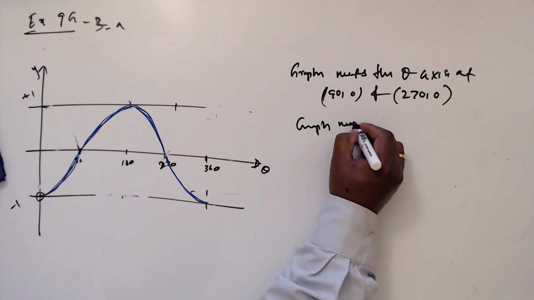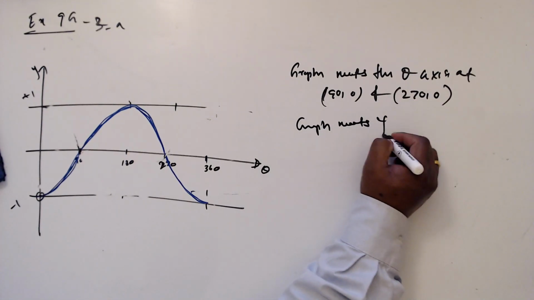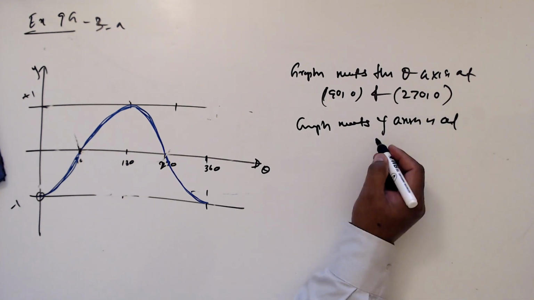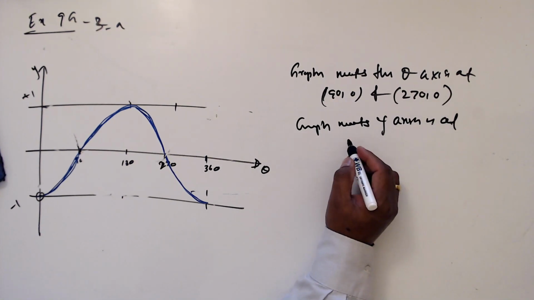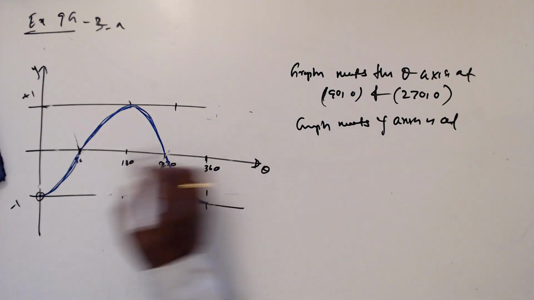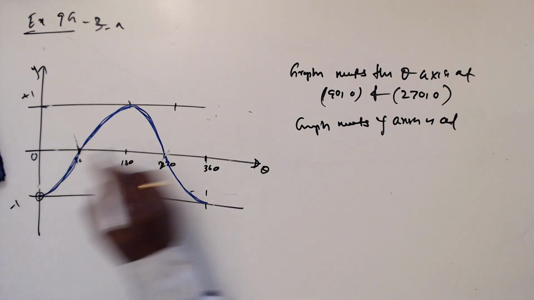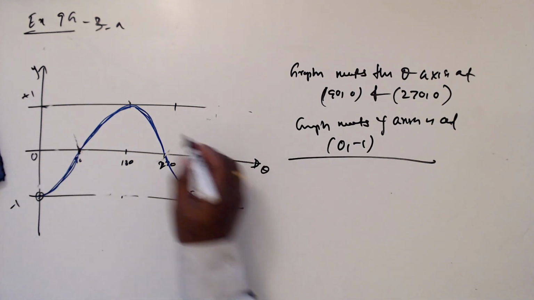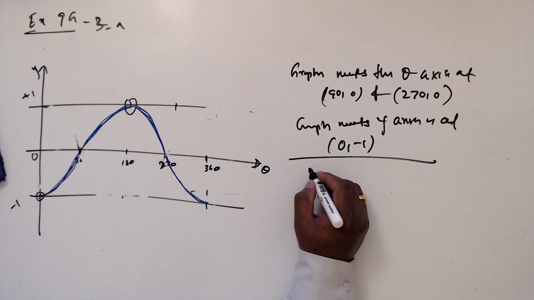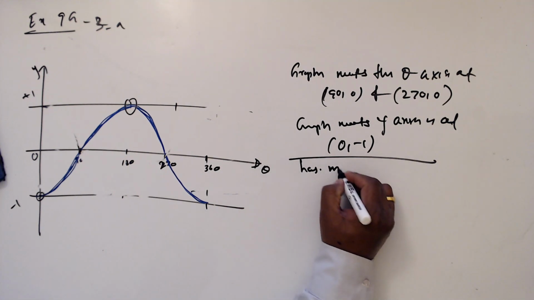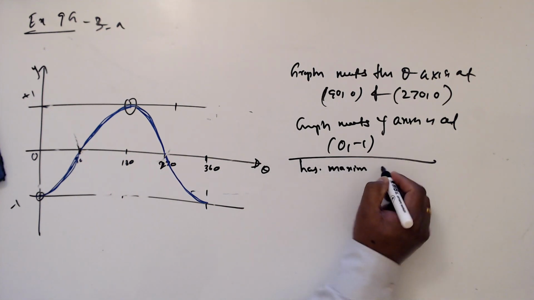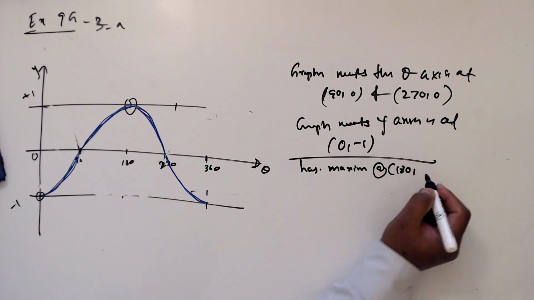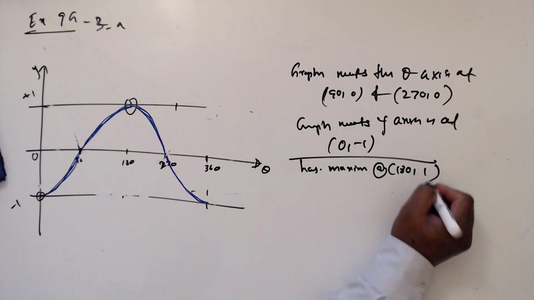The graph meets the y-axis at theta value 0, and this is minus 1. So the graph has a minimum at 0, minus 1.